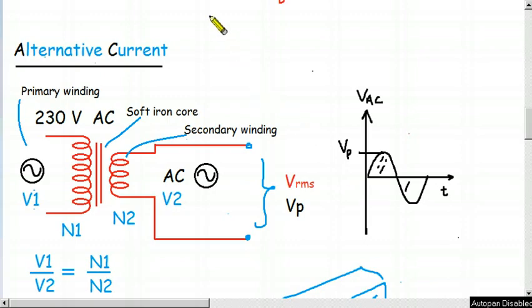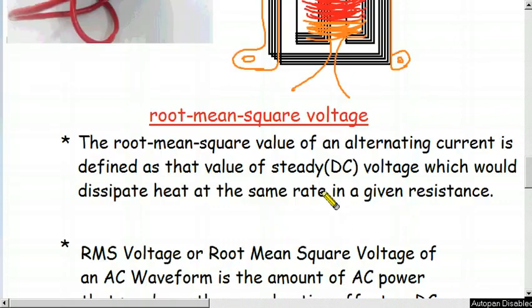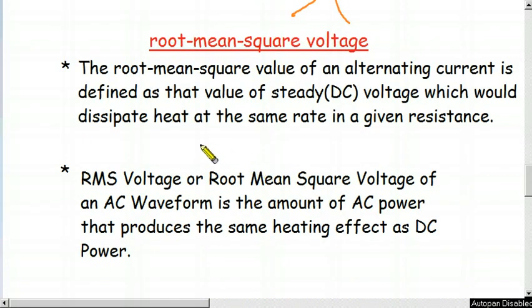Now let us try to understand what VRMS is. First of all, let us see the definition. There are definitions, and little by little they change, but the structure is the same. The words sometimes are different, but the idea is the same. The first one: the root mean square value of an alternating current is defined as the value of steady, that means DC, voltage which would dissipate heat at the same rate in a given resistance.